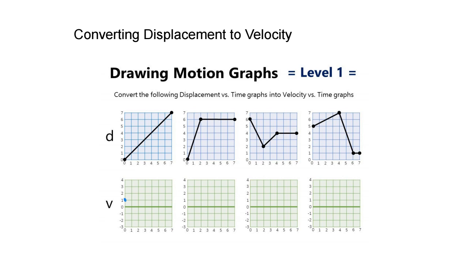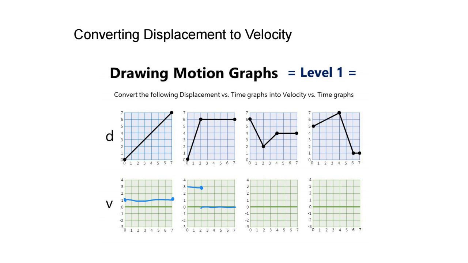So the velocity here is constant and therefore a flat line at 1 the whole way across. Now we've got an object that moves away very quickly, and it looks like it goes 6 meters per 2 seconds, so it's 3 meters per second away, and then it stops moving. So this then comes back to zero velocity and stays flat right there.